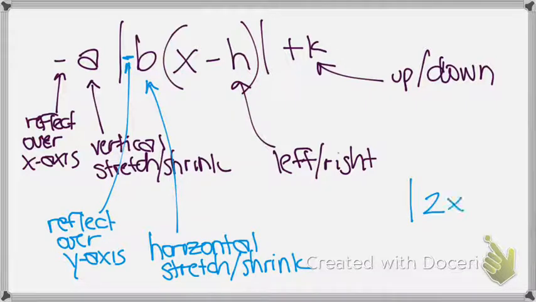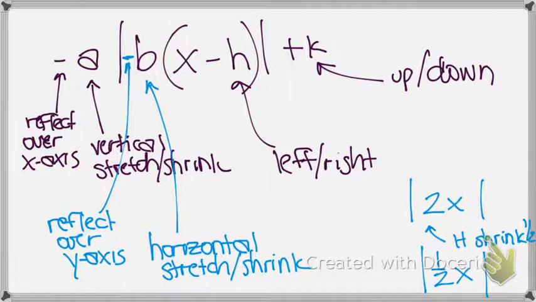So what this means, let me just show you a basic example. If inside I multiply by 2, that's not actually a horizontal stretch. What is the opposite of multiplying by 2? Dividing by 2. This is actually what we would call a horizontal shrink in half. This looks like it's multiplying by a half.